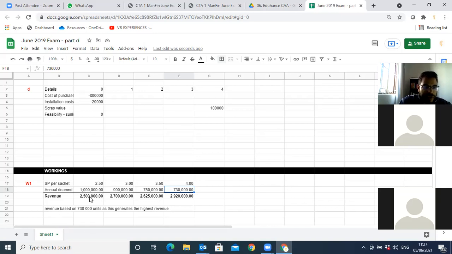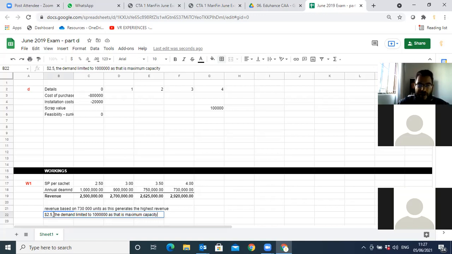we just want to make mention of the annual demand with $250. The demand is limited to 1 million, as that is maximum capacity.